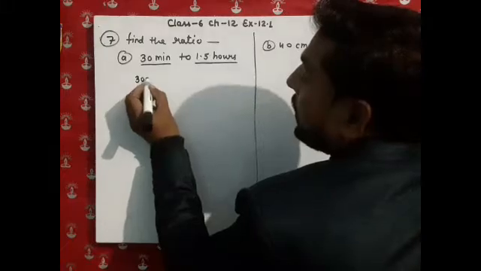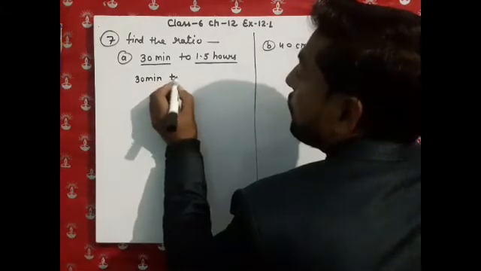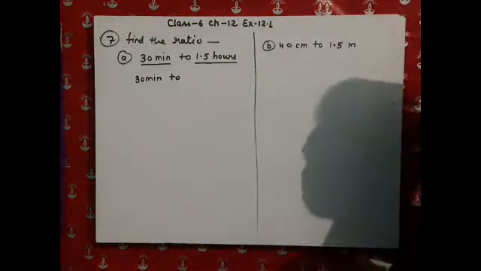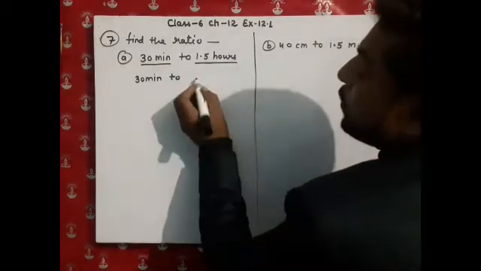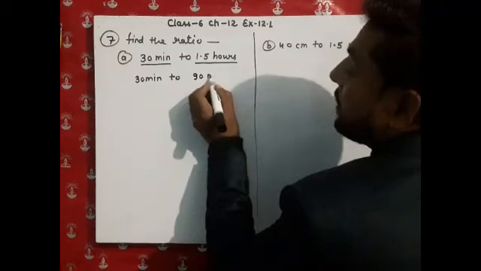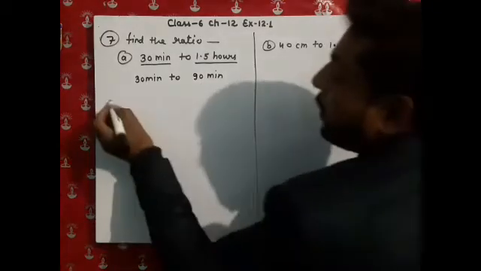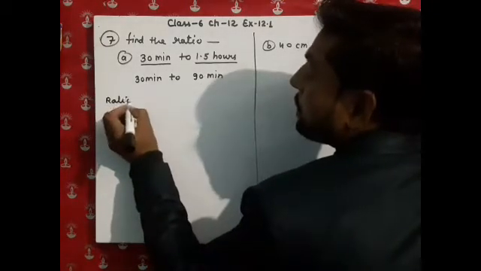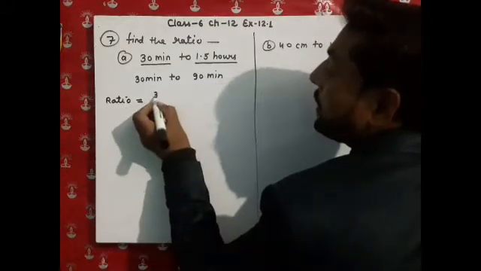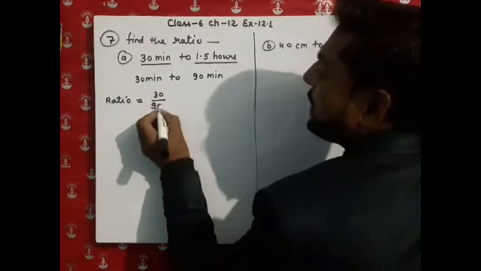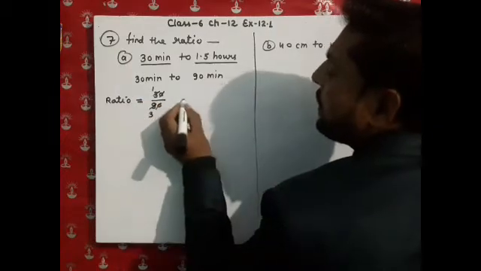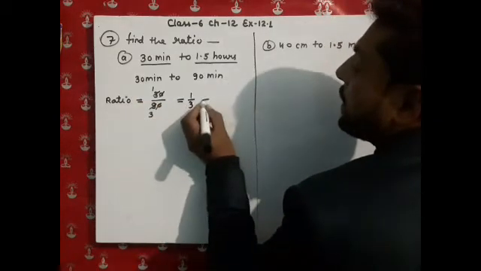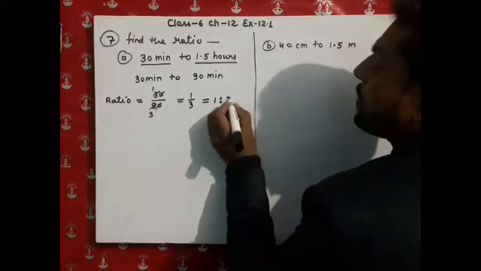So it becomes 30 minutes to 1.5 hours, means 1 hour means 60 minutes and 0.5 means 30 minutes. So total will be 90 minutes. So now ratio becomes 30 minutes to 90 minutes. 0 0 cancel. 3 1s are 3, 3 3s are 9. So answer will be 1/3 and ratio becomes 1:3.